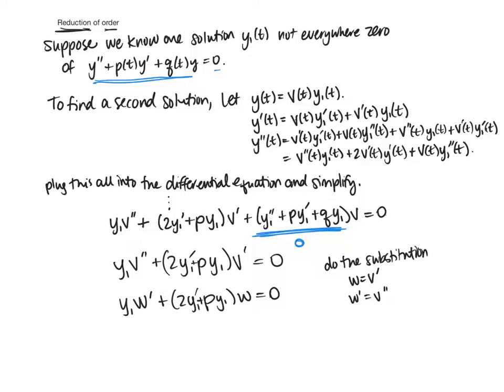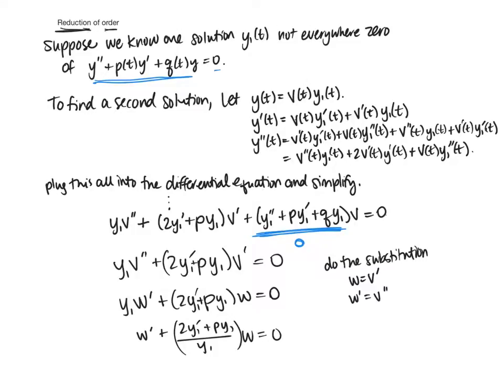Now, how do I solve a first order differential equation? Well, go back and remember the method of integrating factors. So I'd start by dividing everything by y1. So to solve this, I'd let w prime plus (2y1 prime plus p y1) over y1, w, equal 0.